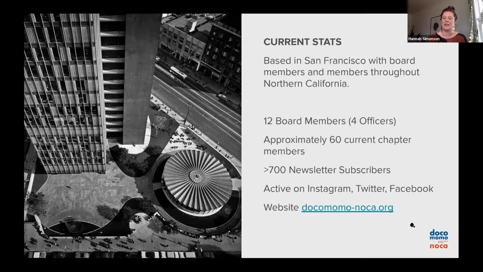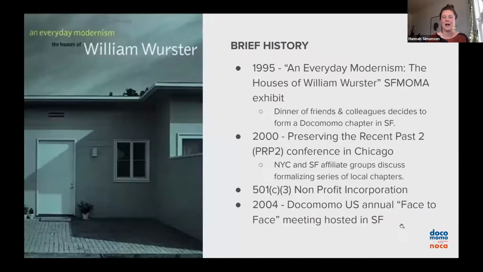But this website has been pretty helpful for us to be able to post and share our local articles and news events, and make sure that people are up to speed on what's going on in the Northern California Docomomo chapter. And it's a nice archive of our previous events. So it's kind of fun to look back and see what we've been up to over the past several years.